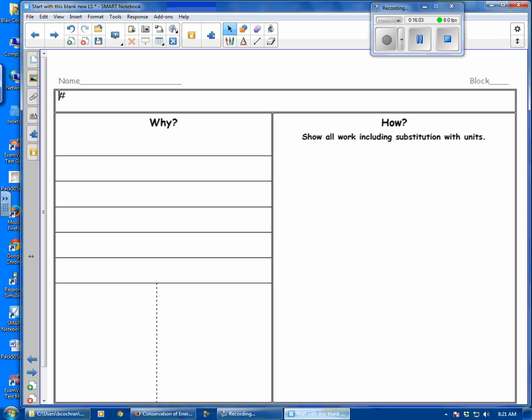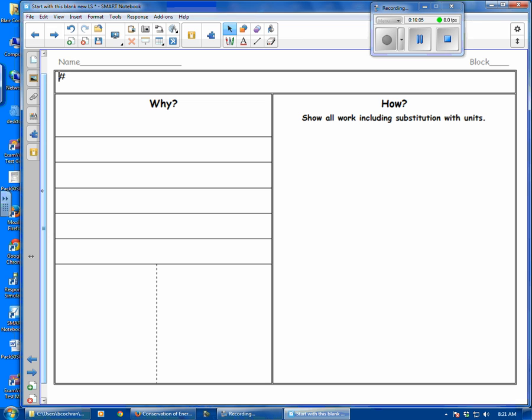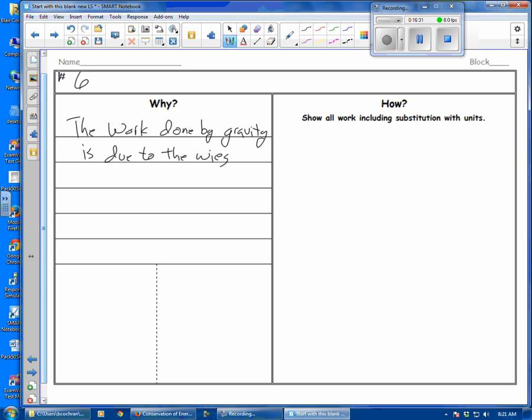So, I would start off with things like the work done by gravity is due to the weight of the elevator.